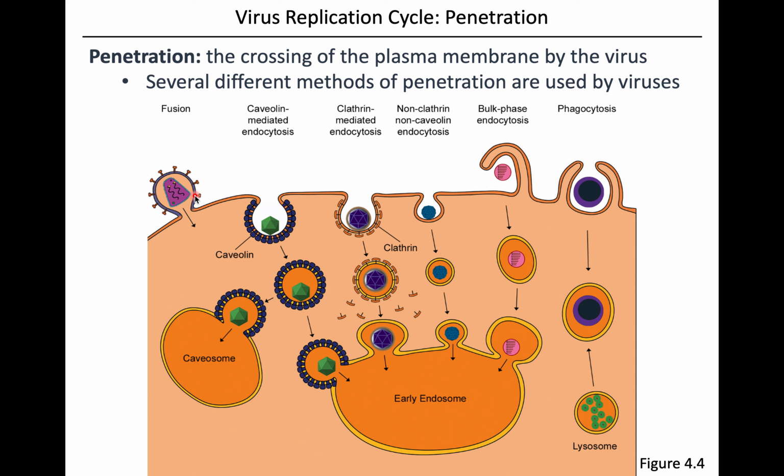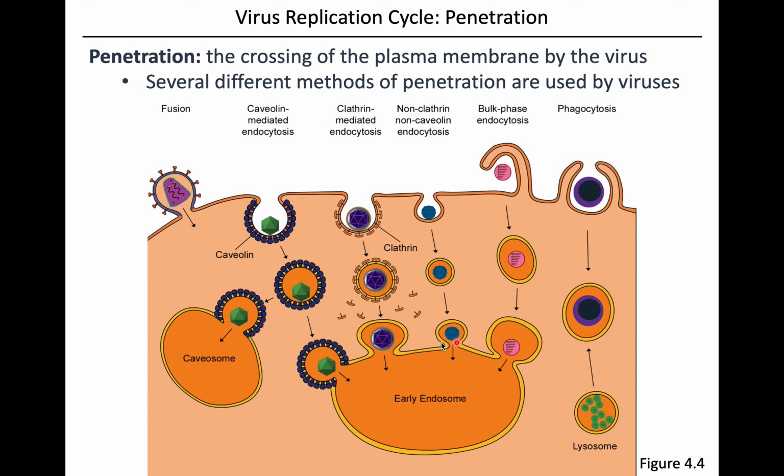Aside from fusion, it's typically going to be some flavor of endocytosis. There are different types of endocytosis, caveolin-mediated, clathrin-mediated, etc. But the general gist is the same. You have an invagination of the plasma membrane that is then engulfing the virion into a vesicle inside the cell.